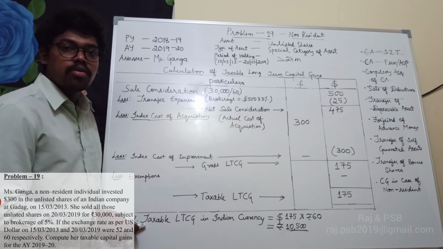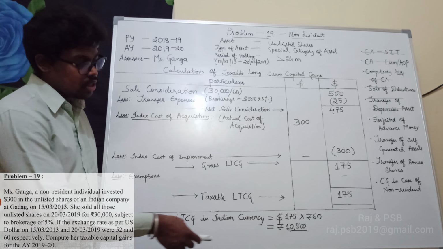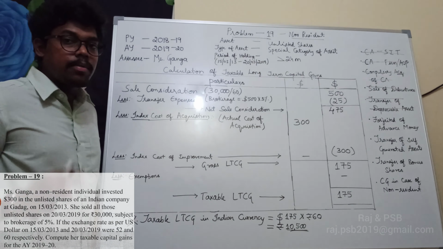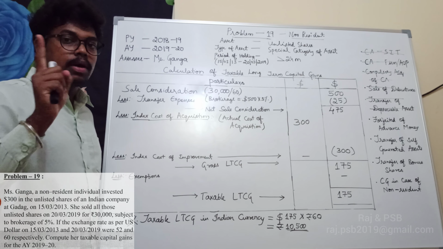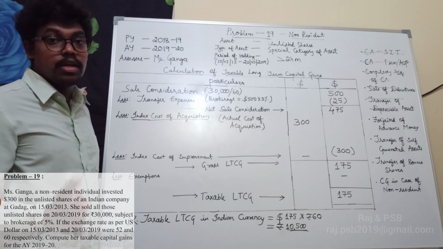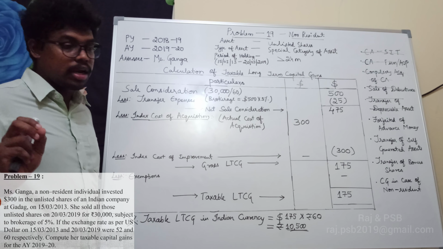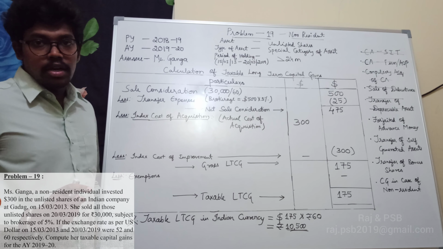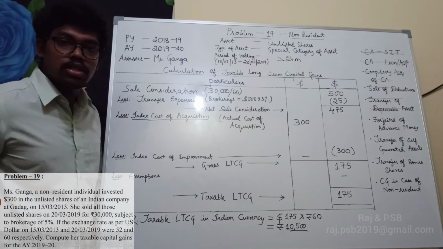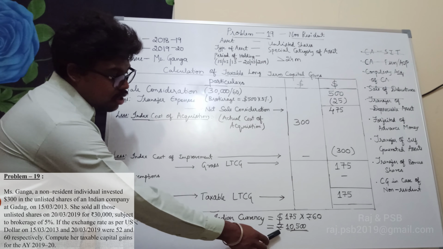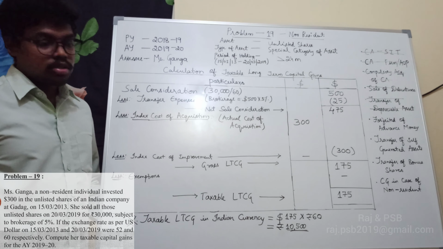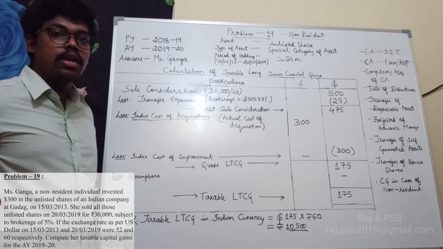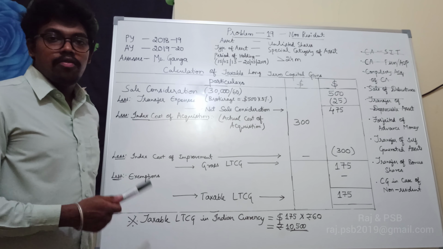So now we have to convert it into Indian currency, that is $175 into exchange rate. ನಮ್ಗೆ ಎರಡು ಕೊಟ್ಟಿದ್ದಾರೆ ಮತ್ತೆ ಹೇಳ್ತಾ ಇದೀನಿ, ಒಂದು ಪರ್ಚೇಸ್ ಮಾಡುವಾಗ ಇನ್ನೊಂದು ಸೇಲ್ ಮಾಡ್ಬೇಕಂದ್ರೆ. ನಾವು ಸೇಲ್ ಮಾಡಬೇಕಾಗಿರೋ ಡೇಟ್ ಅಲ್ಲಿ ಏನು ಕೊಟ್ಟಿದ್ದಾರೆ ಅಥವಾ ಆ ಎರಡು ಏನು ಎಕ್ಸ್ಚೇಂಜ್ ರೇಟ್ ಇದೆ ಆ ರೇಟ್ ನ. ಸೊ $175 into 60 rupees is 10,500 rupees. So taxable long-term capital gain in Indian currency or in rupees is 10,500.